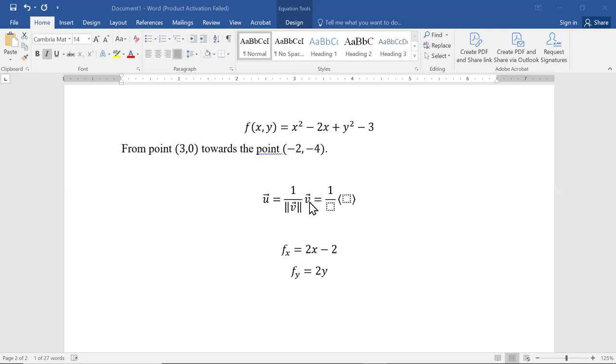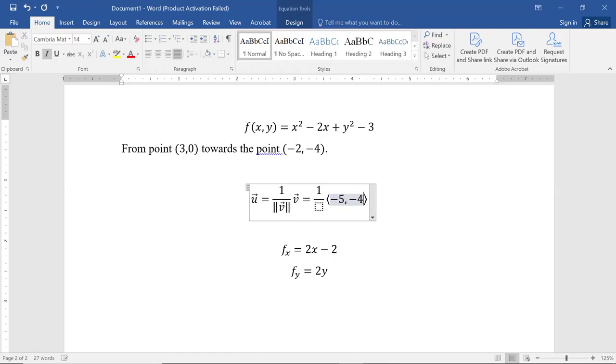And so first off, I want a direction. If I start at (3, 0) and go to (-2, -4), well, going from 3 to -2 is going down 5 units in the x direction, and going from 0 to -4 is going down 4 units in the y direction. That's the direction you're going, (-5, -4).